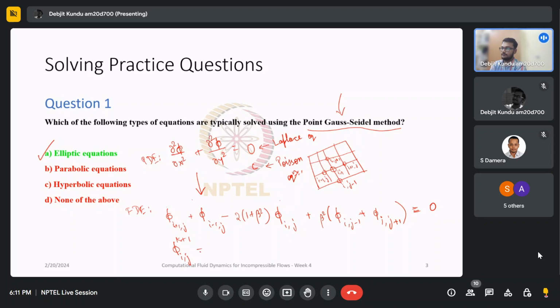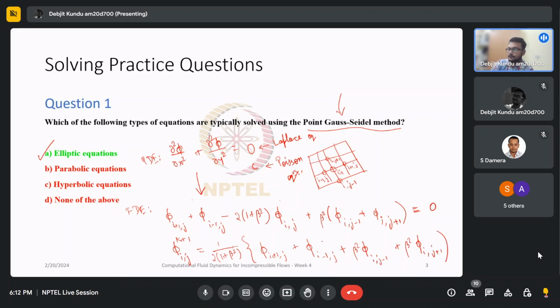So it will have this 1 by 2 into 1 plus beta squared, then all these other terms: phi i plus 1 comma j plus phi i minus 1 comma j plus beta squared phi i j minus 1, and again beta squared phi i j plus 1.